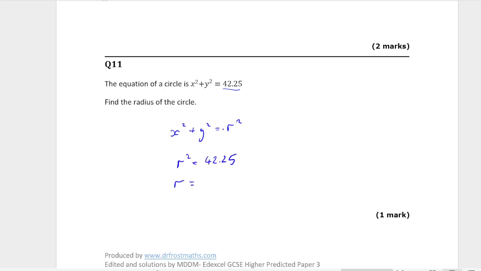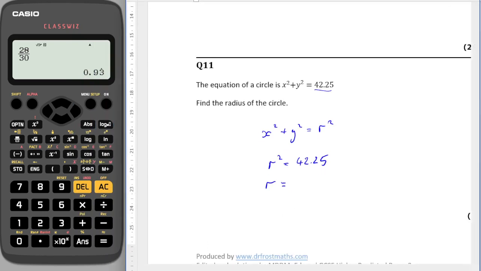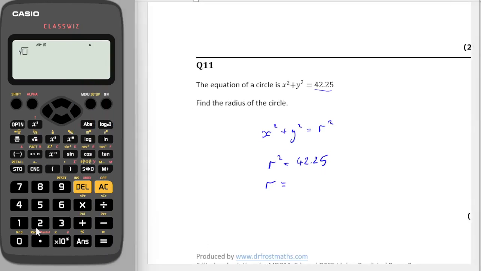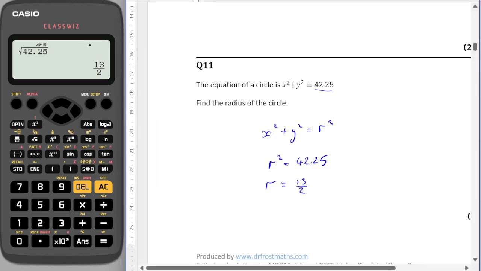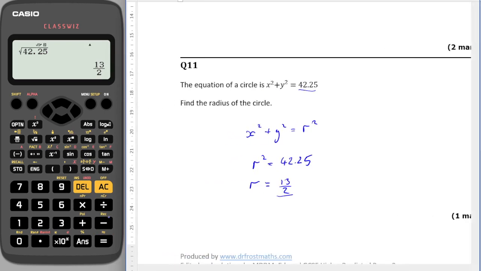So r is going to be equal to the square root of 42.25. I'm sure we'd end up with a nice value here, 13 over 2. You will be fine with 6.5, but 13 over 2 would also be fine.